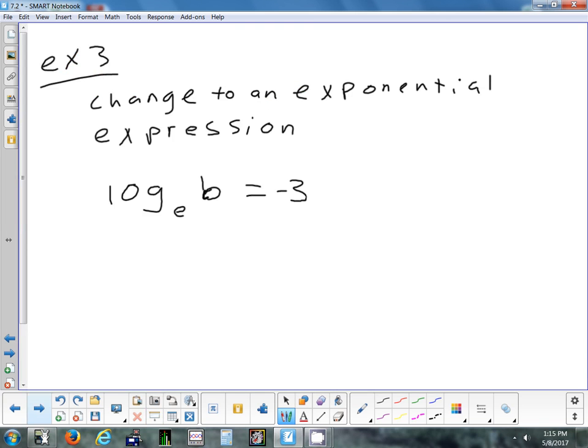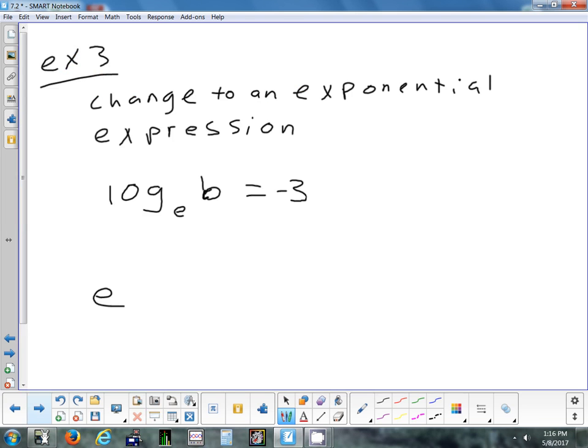All right, we'll try one more, kind of switching gears now, going back the other way. So now we're going to get rid of the word log. Alexis, what's my base? E. E is the base.